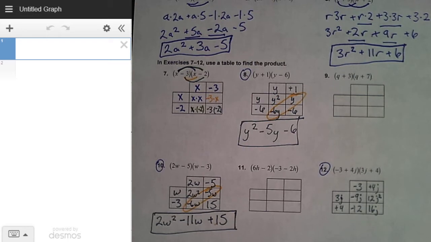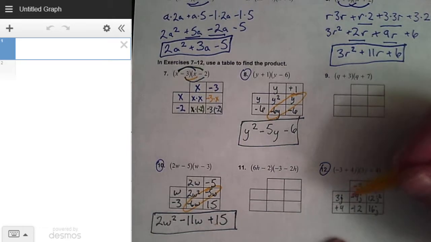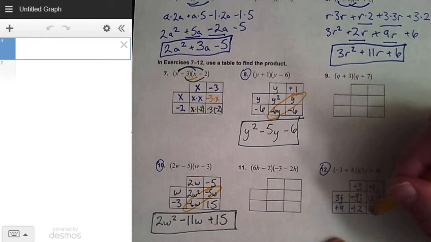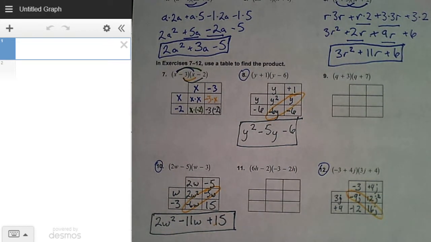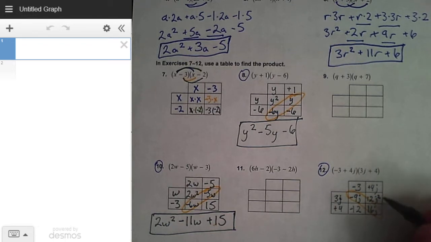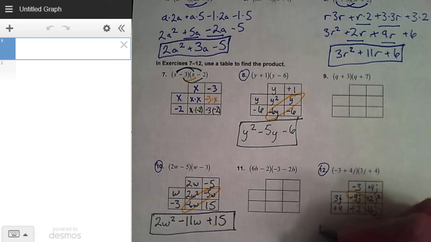So here we will notice that we have our like terms. They just happen to be in a slightly different position for us to look at, but we still have those like terms. So we want to write the highest power first, which is that j squared, so 12j squared.